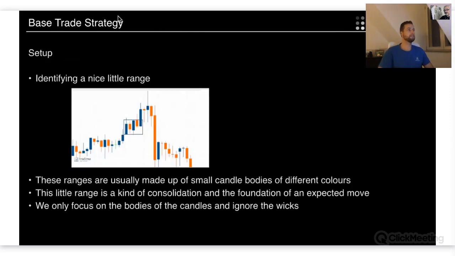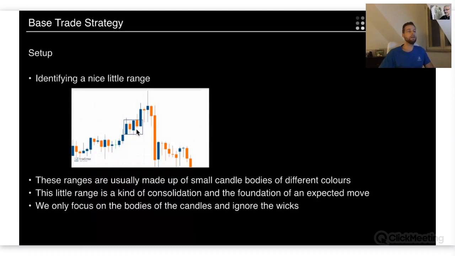What is the base trade strategy, and what is the base? First of all, you need to identify a little range, and you can see this here, marked in this little rectangle with 5 candles, or actually 4 candles: a bullish one, a bearish one, a bullish one, and a bearish one. These ranges are usually made up of small candle bodies of different colors.